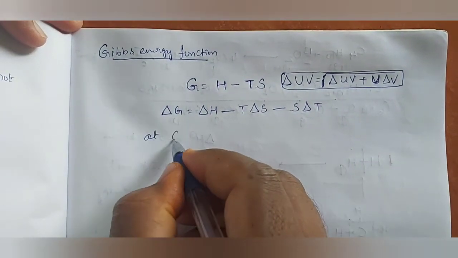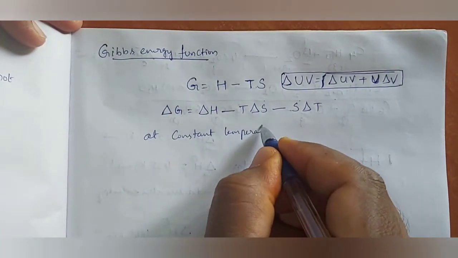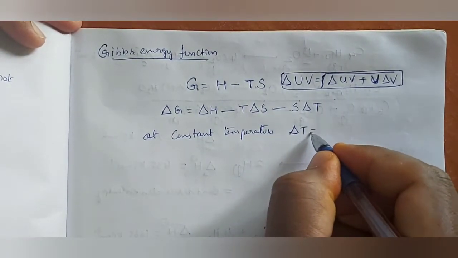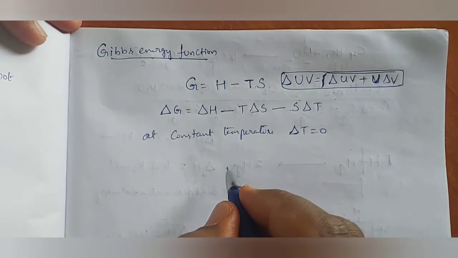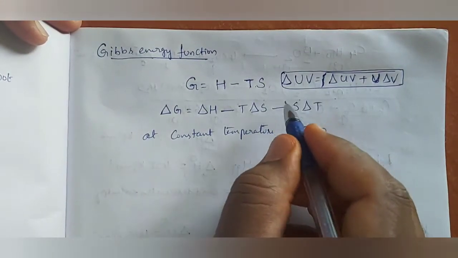At constant temperature, delta T is equal to 0. But delta S is there, that's why this term becomes 0.